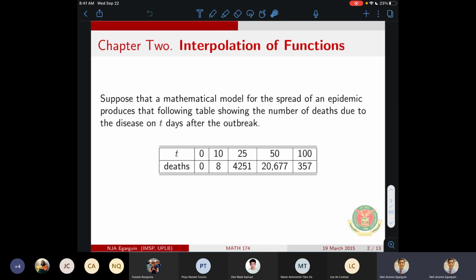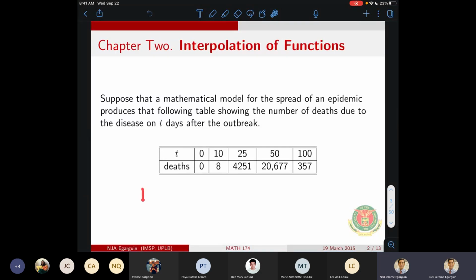Pero kung meron akong function that represents the number of deaths as a function of time t, then I'll just need to plug those t values in and get the function value. Okay. Or if I want to get when did the maximum number of casualties occur, and what is that number?